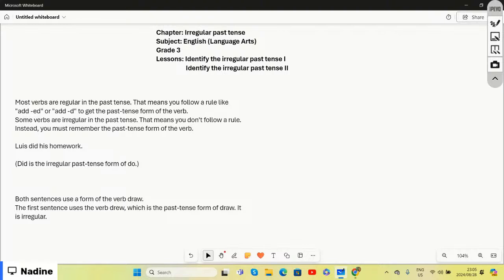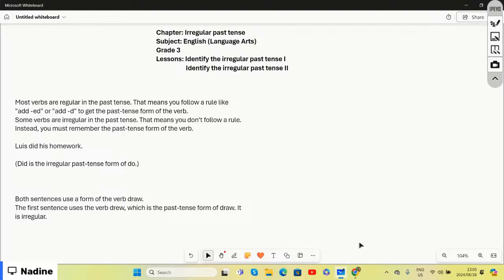And the lessons that we are going to be focusing on today under the chapter of irregular past tense are identify irregular past tense 1 and identify irregular past tense 2. So today we're only going to focus on identifying the irregular past tense.